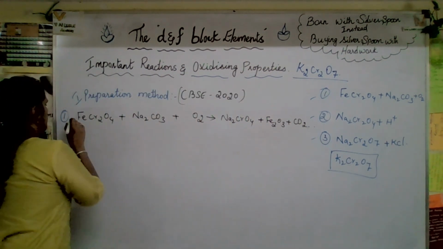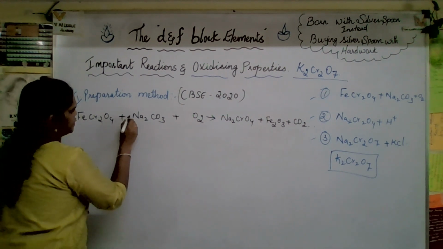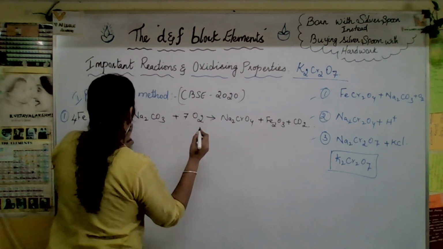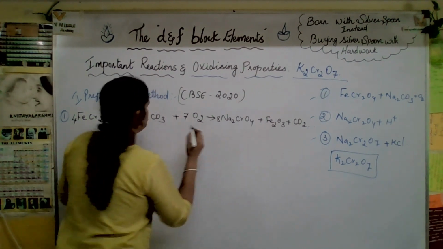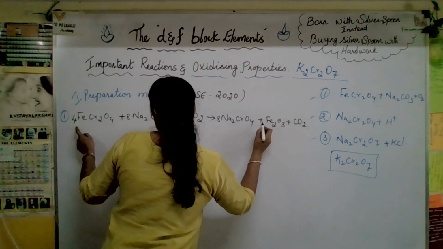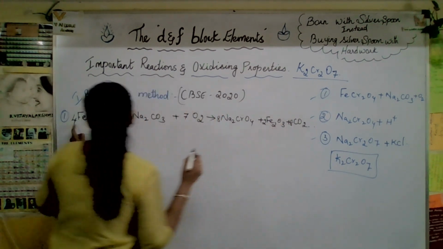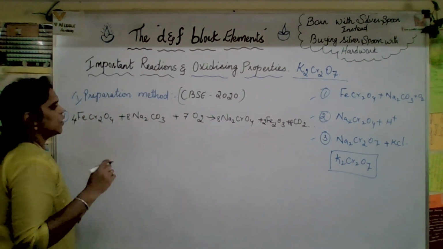Right? Now here balance the equation: 4, 8, 7, and here 8, and here 2, here 8. Right?